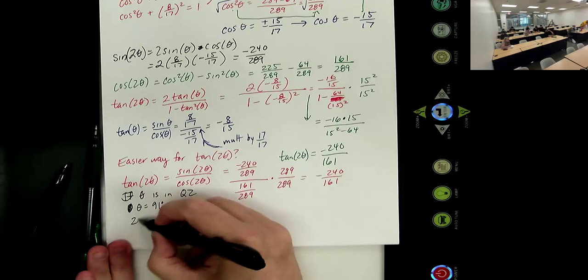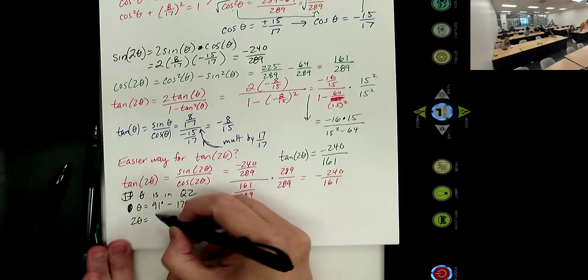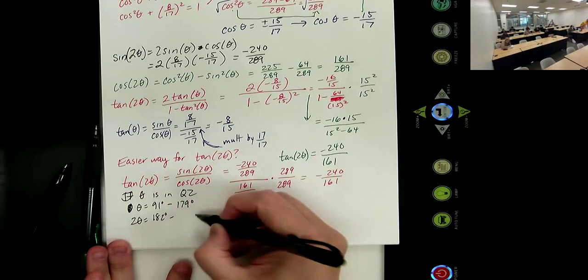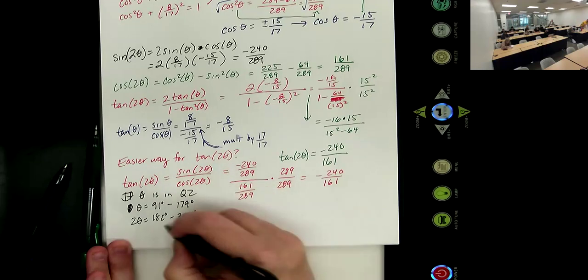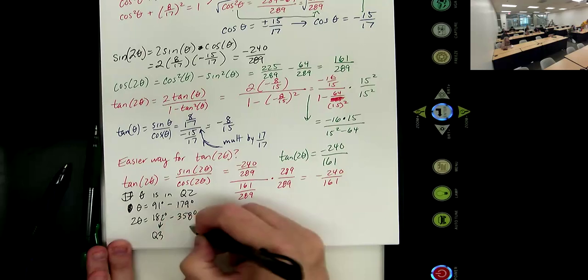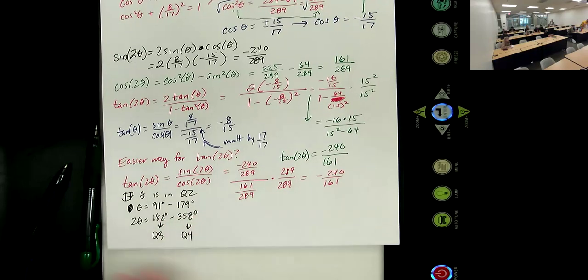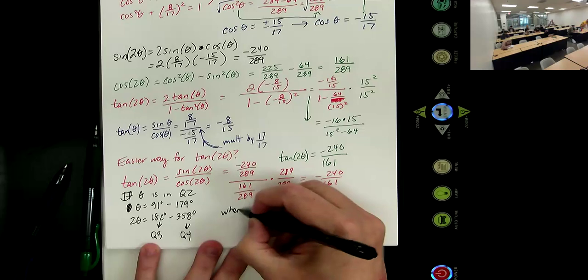So if I doubled it, that's like 182 degrees up to 358 degrees. That's in quadrant 3 and that's in quadrant 4. So there's 2 possible areas. Where is 2 theta?